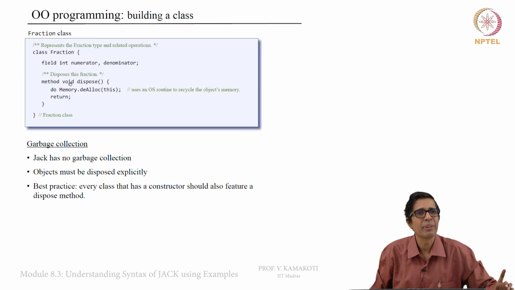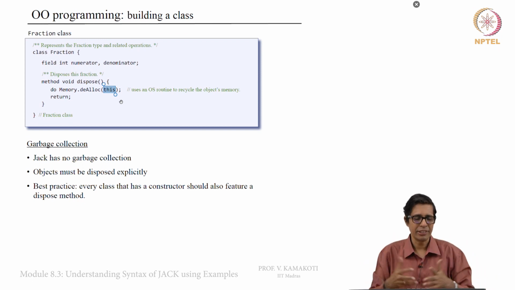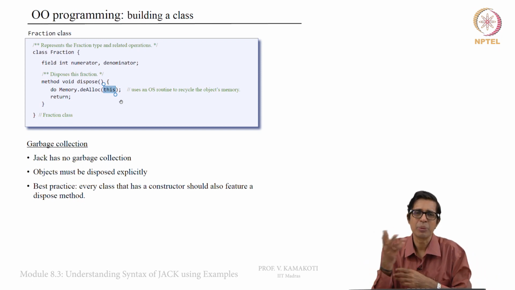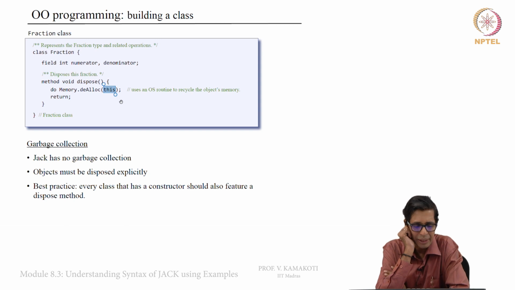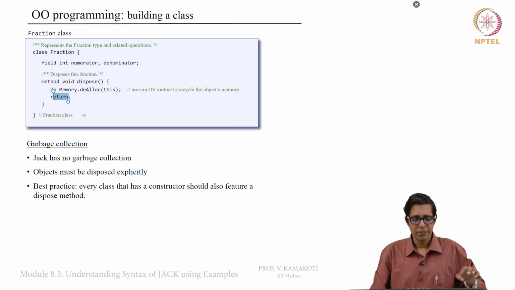So, when we use this method void dispose, what it does is do Memory.deAlloc this, the current object. So, I dealloc this. Memory.deAlloc is equivalent to your free command, and the OS routine actually provides this command, and then you return back, right.